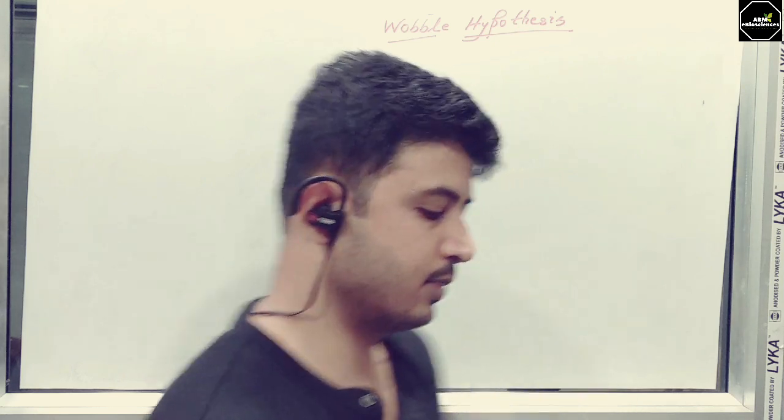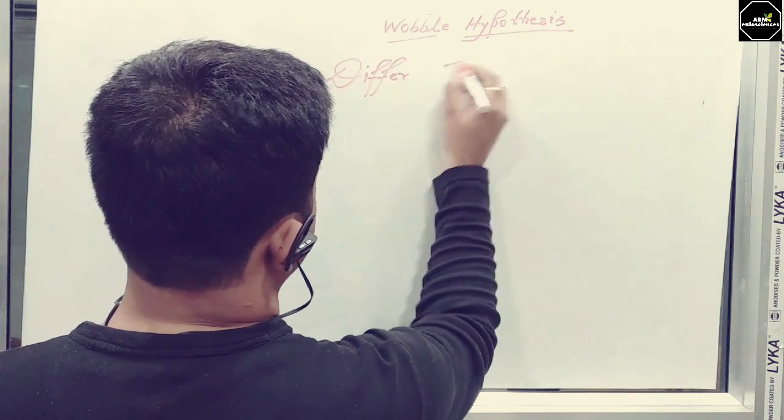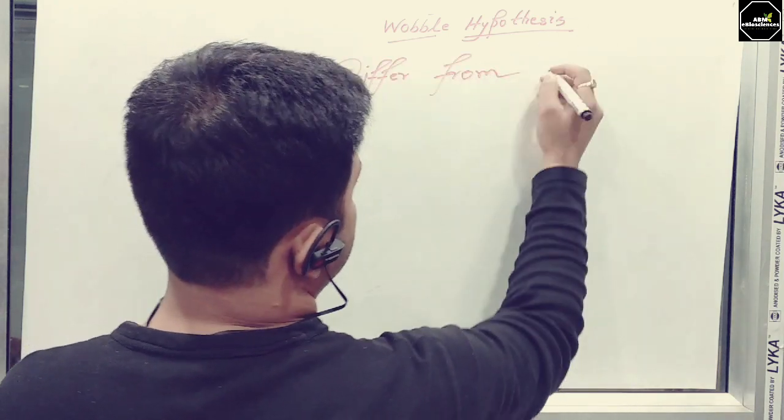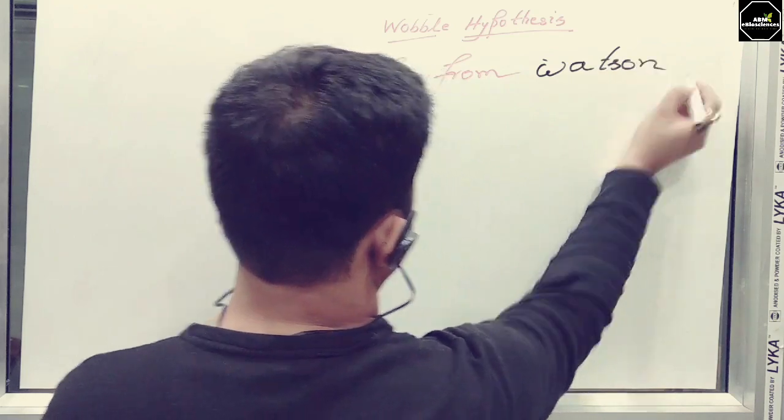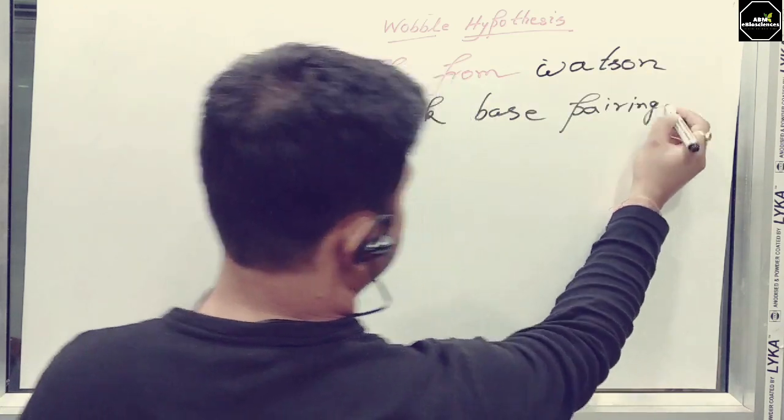The Wobble hypothesis, or Wobble pairing, is a pairing which defies, or is separate from, the Watson-Crick pairing.